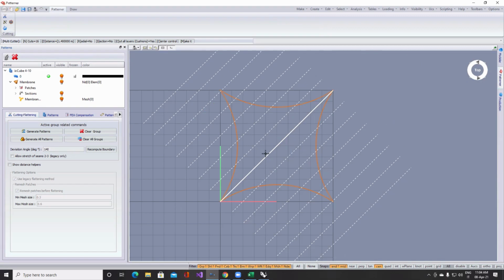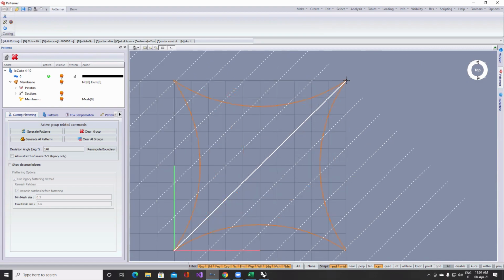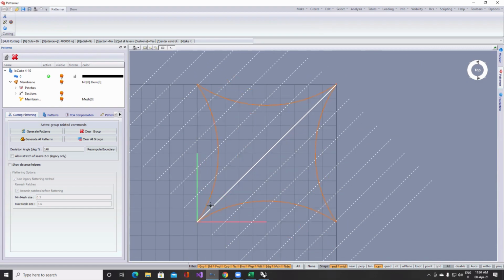When the software generates the panels and then flattens them on the ground, there is this deviation angle here. There are 4 master edge points in the panel. In this case, these 4 master points are these 4 points here. The software uses these points as control points when flattening it on the ground. This angle here is the deviation angle. We can set it to 150 or 160 degrees.